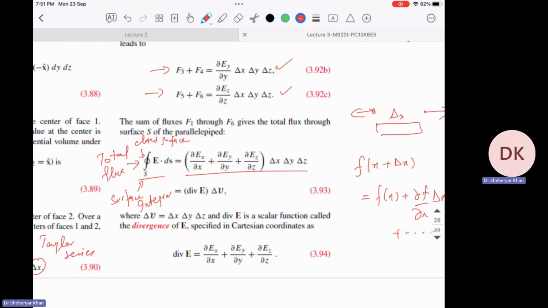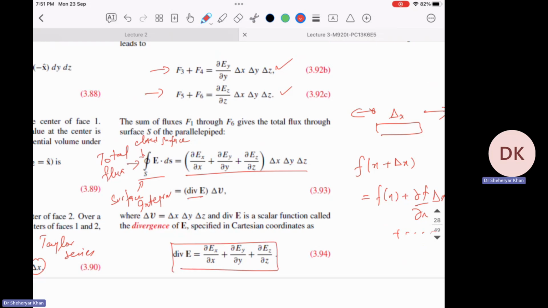Now, the total flux is equal to some mathematical operator multiplied by volume. Actually, it's not volume, it's a change in volume, a small integral volume. Now you see this thing inside here is actually divergence, right? So we can now say that the divergence is equal to this one.